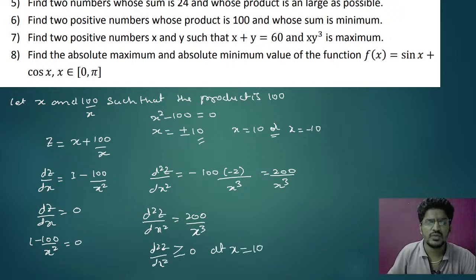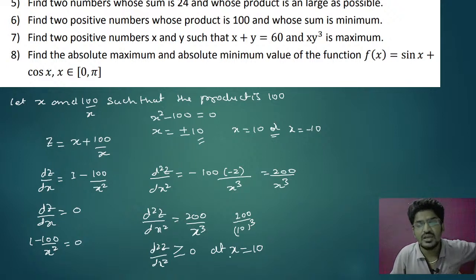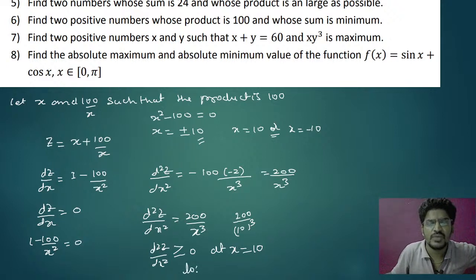If I put x equal to 10, you will get 200 divided by 10 cube. This complete term will be positive. So therefore it is positive at x equal to 10, so local minimum exists.